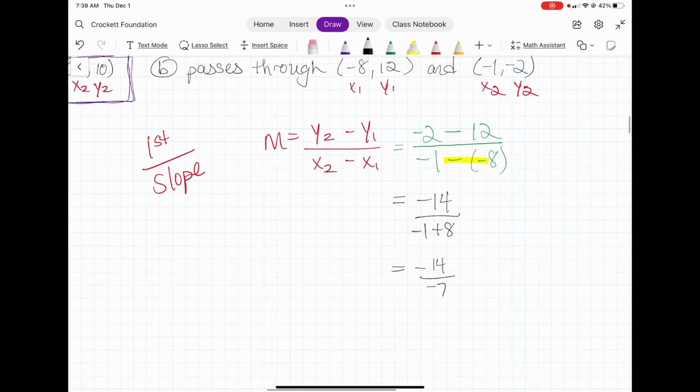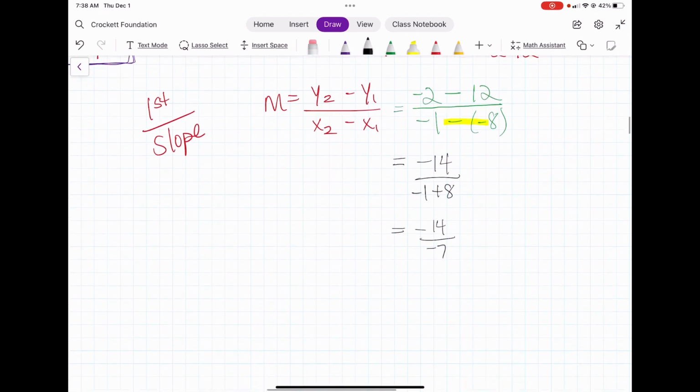The denominator would be positive 7, not a -7. Okay? And a negative divided by a positive makes -2, okay? So now we know that our slope is equal to -2.